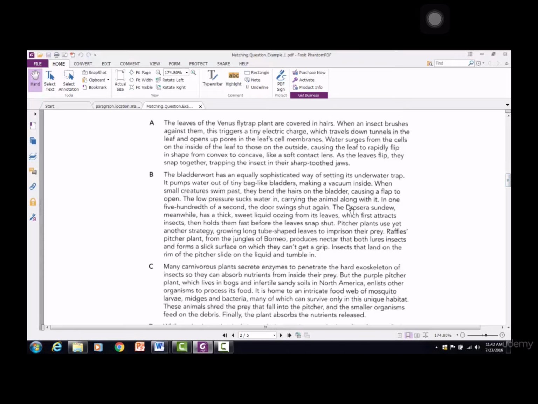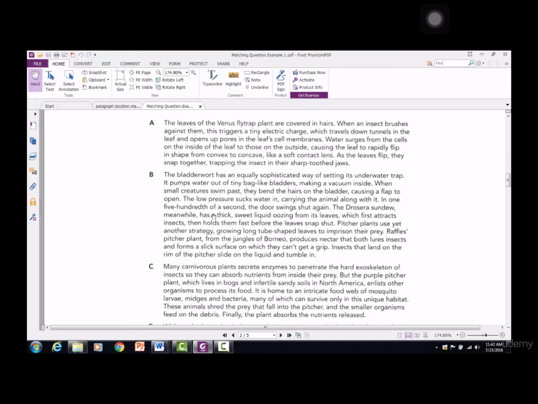All right, the Drosera, I'm in paragraph B, everybody. Paragraph B, right here where you see the hand on the screen. Right there, that little hand that's moving. The Drosera sundew, meanwhile, has a thick, sweet liquid oozing from its leaves, which first attracts insects, then holds them fast before the leaves snap shut.